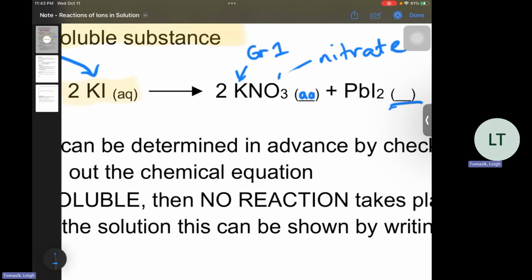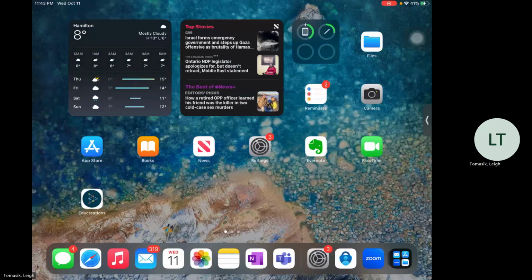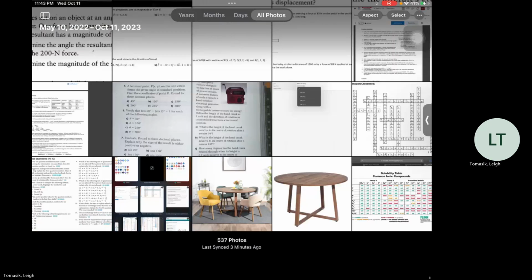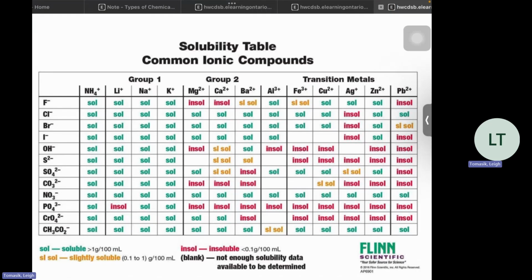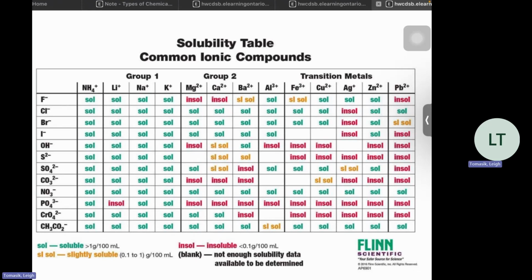So I can take a look in my photos, and this is what happens when you teach science. We needed potassium nitrate. So potassium, you see the group 1 elements.